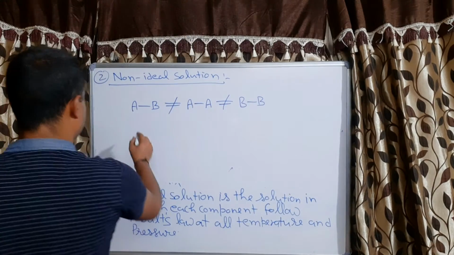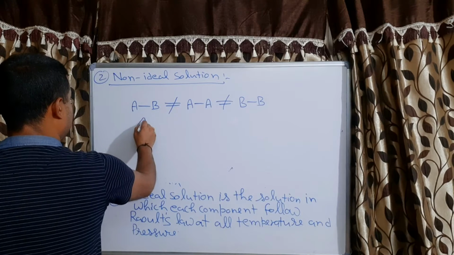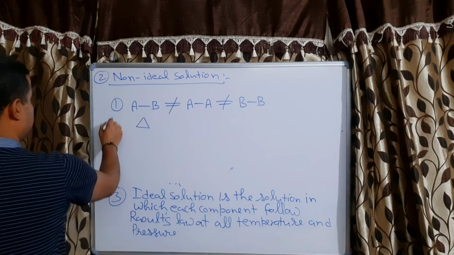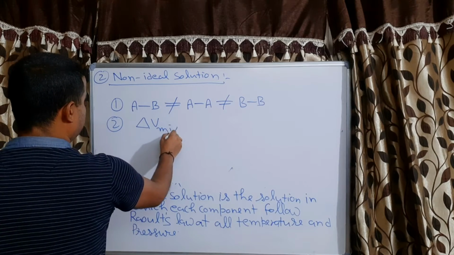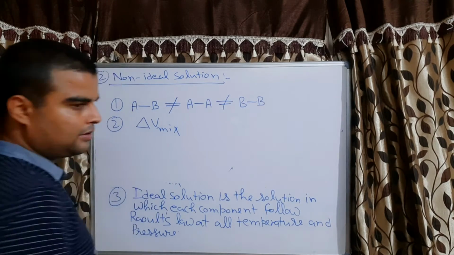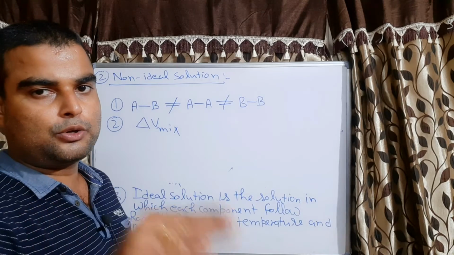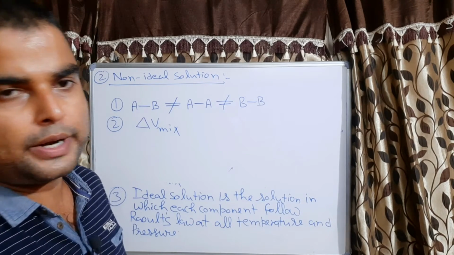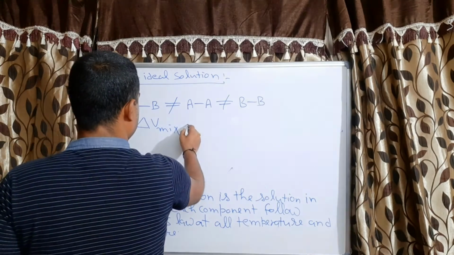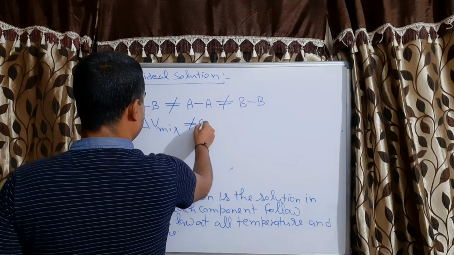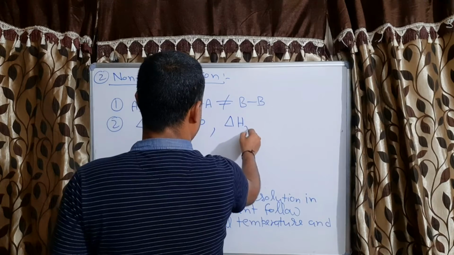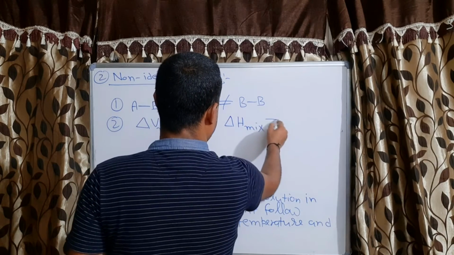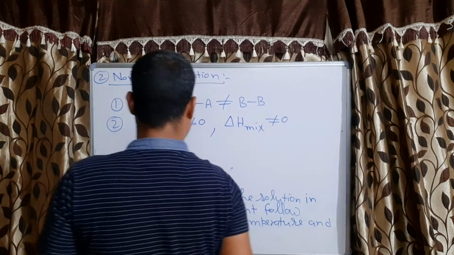So this is the second definition. Delta V mixing, as I told you, is adding component A into B or B into A, does not equal 0, and delta H mixing also does not equal 0.